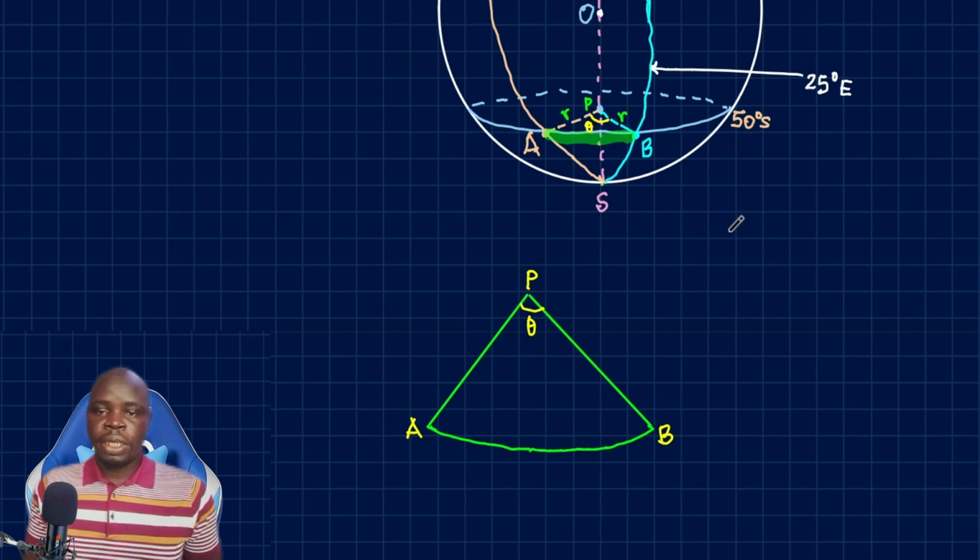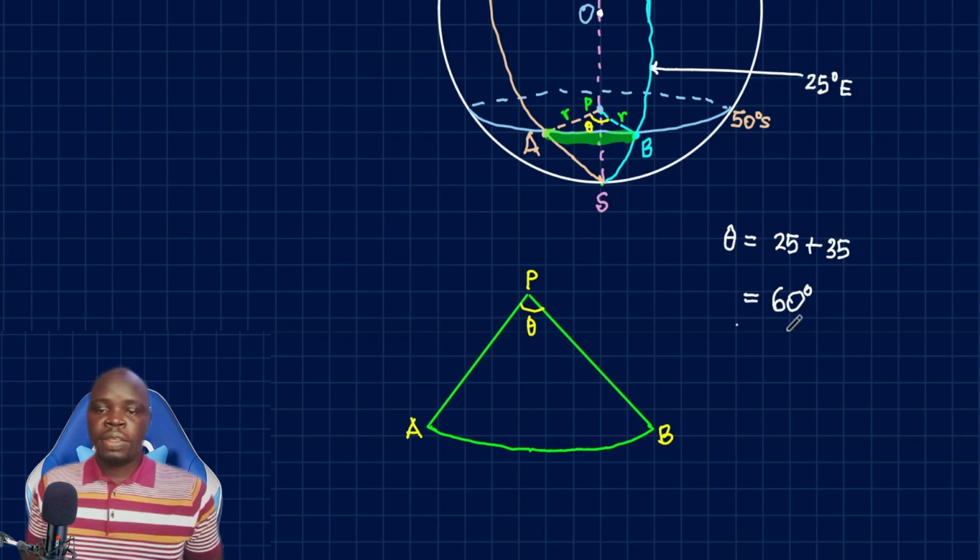Our theta, as the angle difference, is given by the sum of the two angles because they're in different hemispheres. So we have 25 plus 35, making 60 degrees. That is the angle subtended at the center by these 2 points A and B.